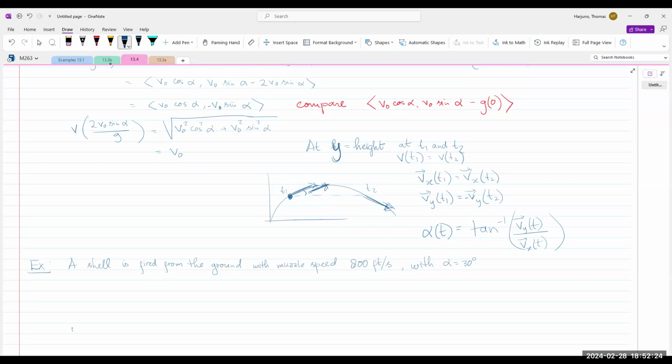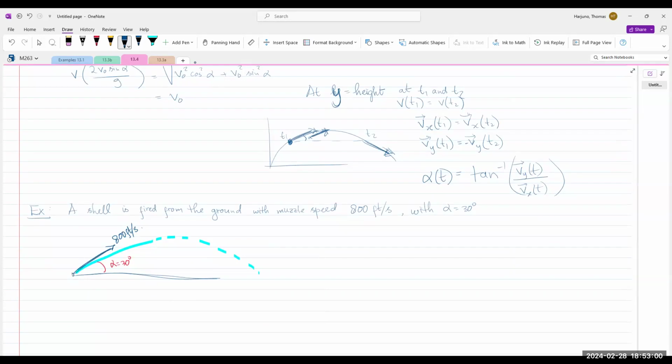So imagine you actually shoot that at an angle of 30 degrees. We expect this will be the trajectory. The initial speed is 800 feet per second. Can we find the trajectory?